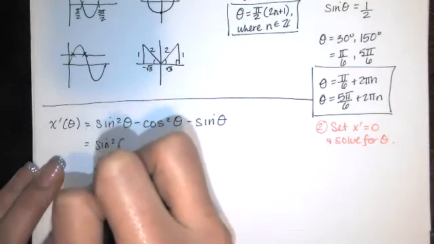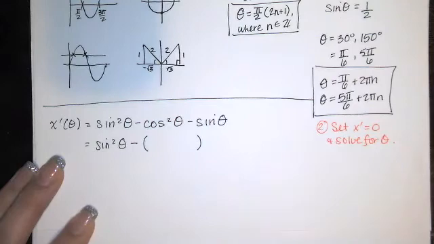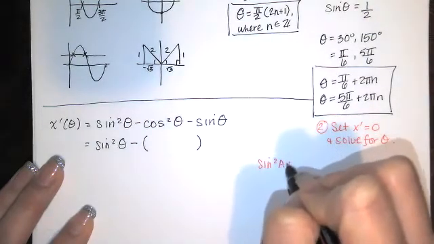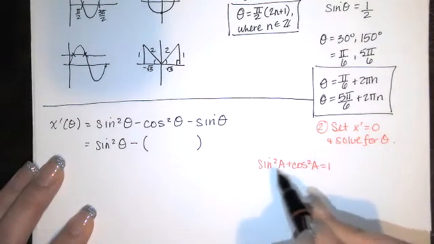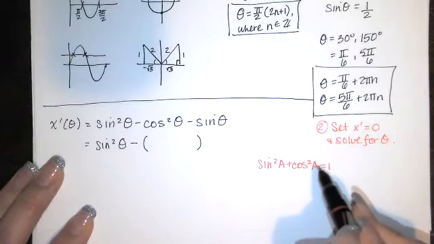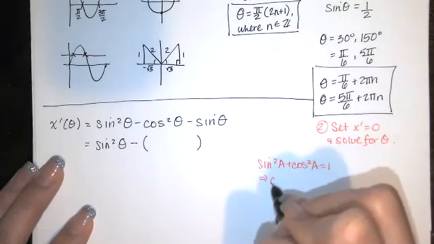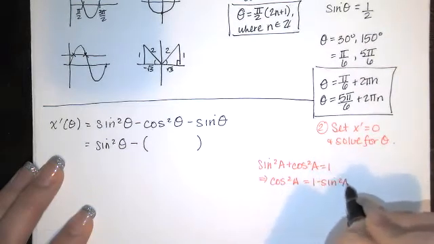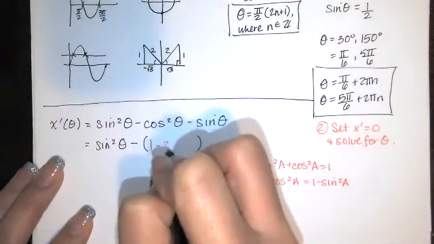we know how sine squared and cosine squared are related to each other, right? Sine squared plus cosine squared is 1. Since I know that, I can write cosine squared in terms of sine squared by subtracting sine squared from both sides. So I've got cosine squared is 1 minus sine squared.